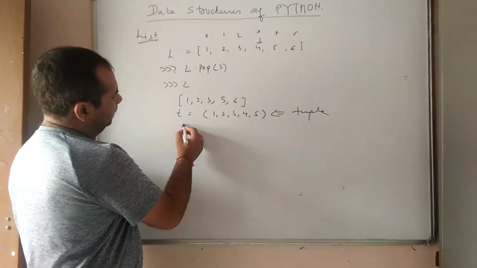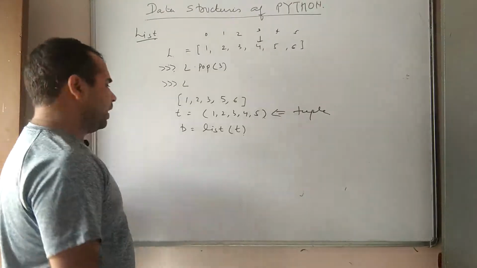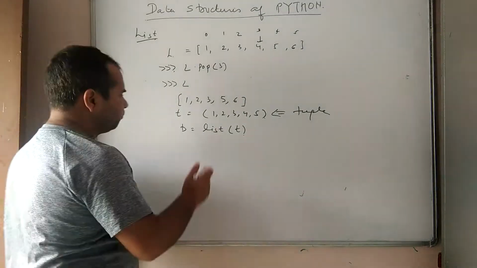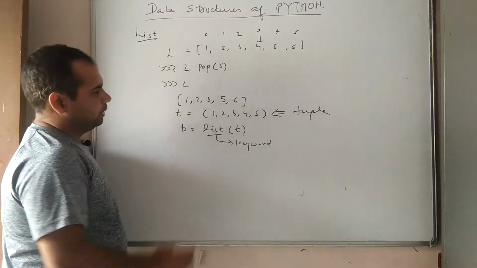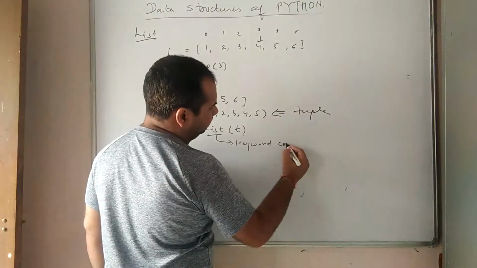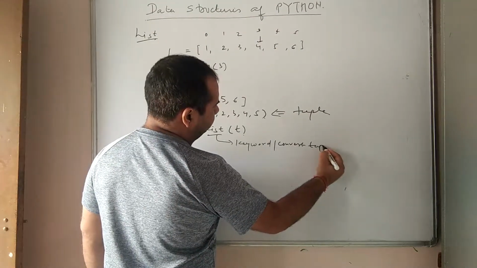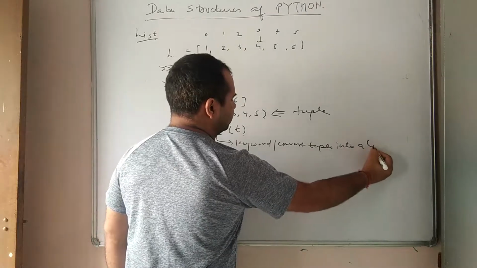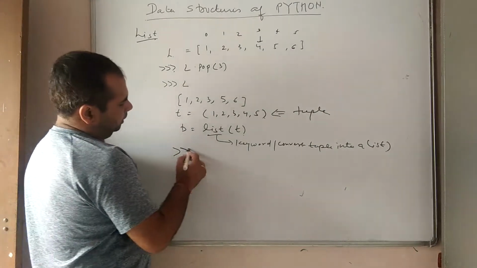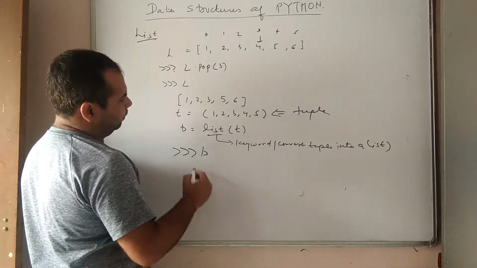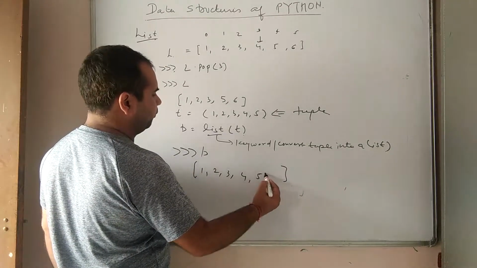Now if I write b equals list(t), list is a keyword used to convert a tuple into a list, right? So when you print b in the command prompt, you will get a list 1, 2, 3, 4 and 5.